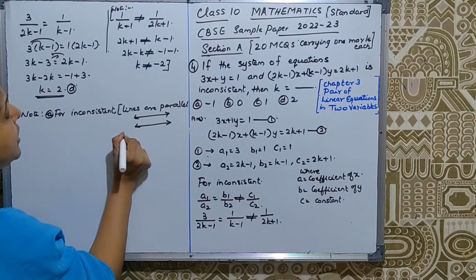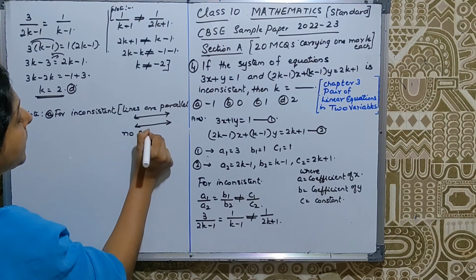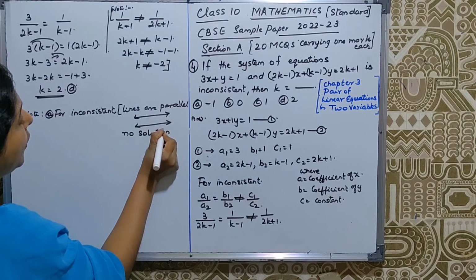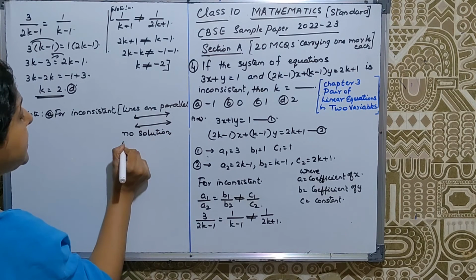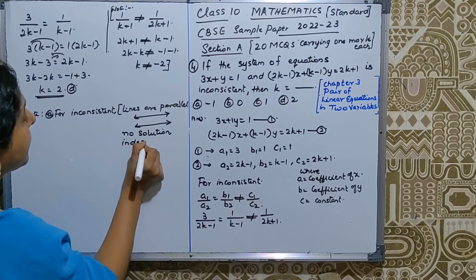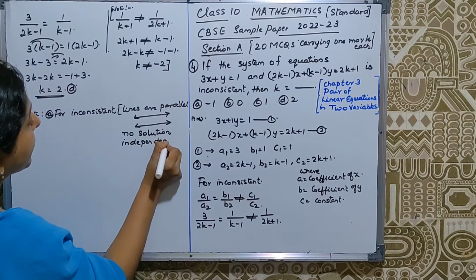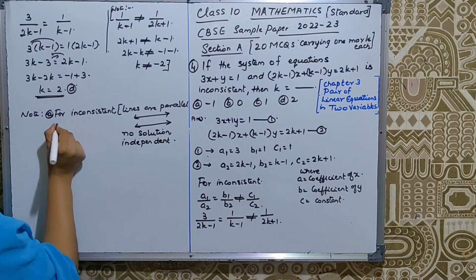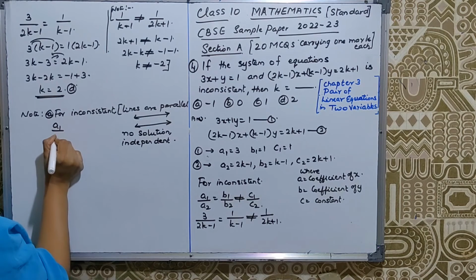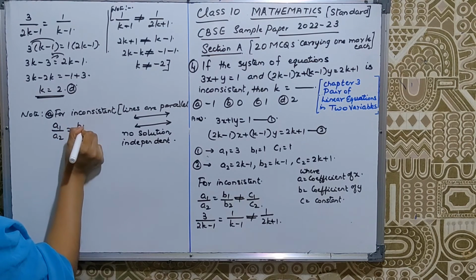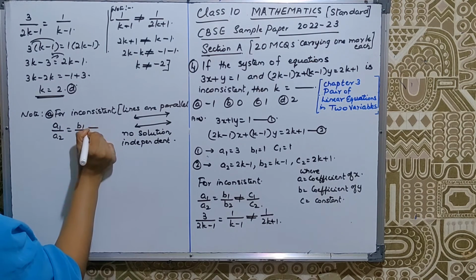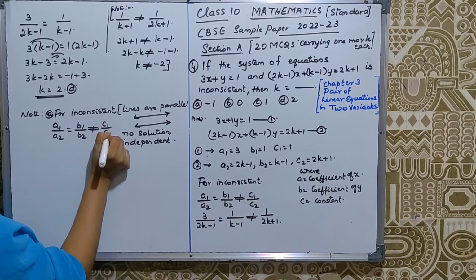Another name is no solution, or independent. So in all these cases, the condition is, once more I am writing, A1 by A2 equal to B1 by B2 not equal to C1 by C2.